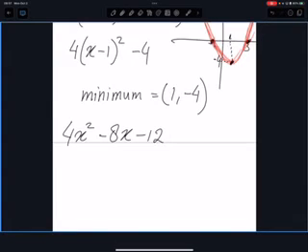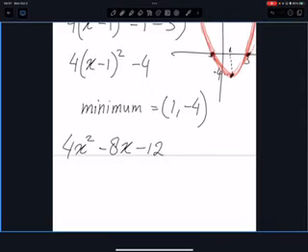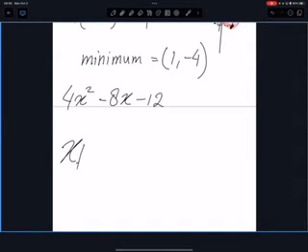The formula for finding the x value of the top is x equals minus b divided by 2a. Now the question is, what is minus b?